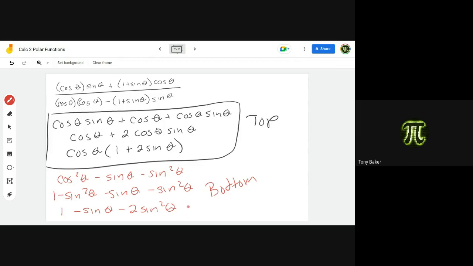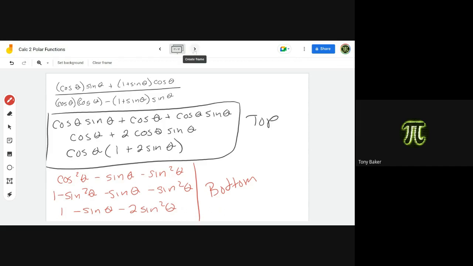If you really wanted to be crazy, you can actually factor this, but I'm not going to, because you don't really need to. So that's the bottom.